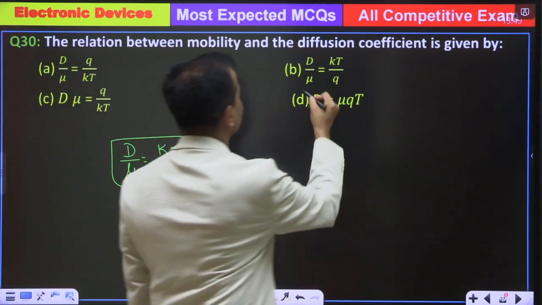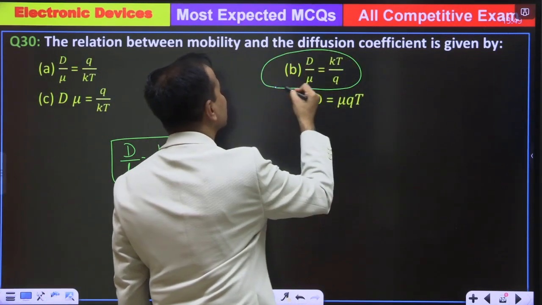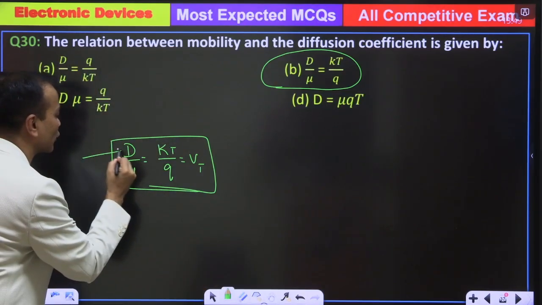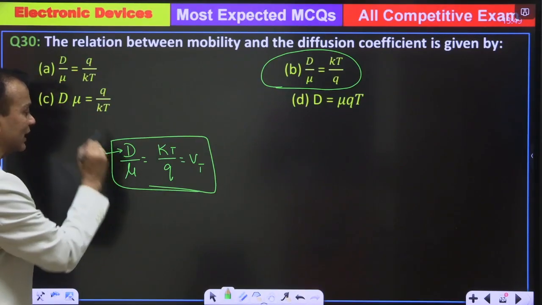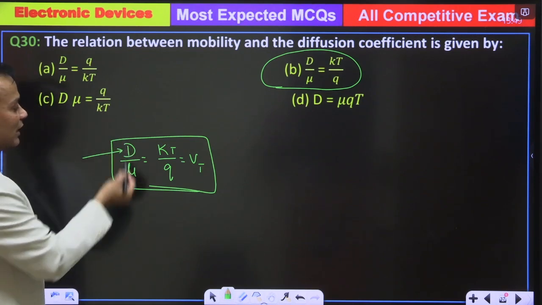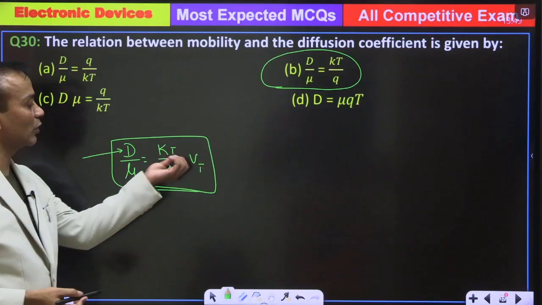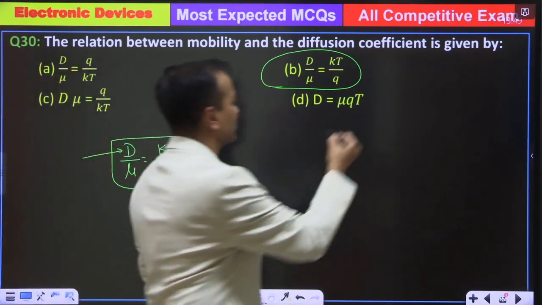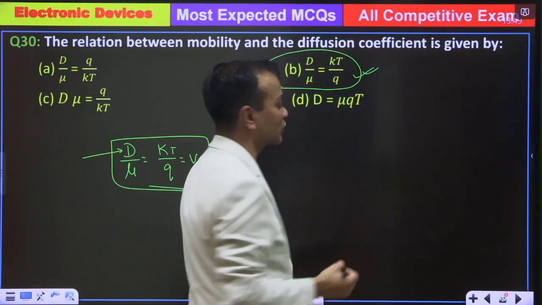It is matching with option B. So this Einstein relationship gives the relation between diffusion coefficient or diffusion constant D and the mobility of the charge carrier. So D by mu is equal to kT by q, that is called Vt. In this way, this is matching with option B. Option B is the right answer for this question.